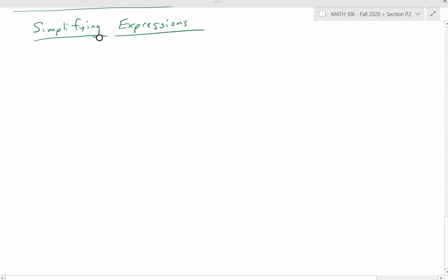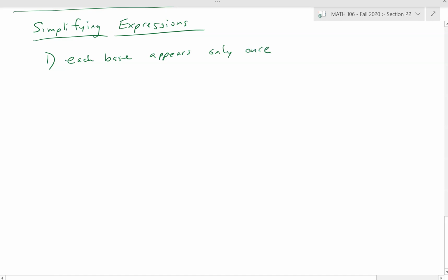So there are 3 rules I'd like you to follow, and these are in the book too, but I think it's nice to talk about them. When you're giving a final answer after you do some type of numeric multiplication, division, addition, subtraction, what you want to see is each base appears only once.